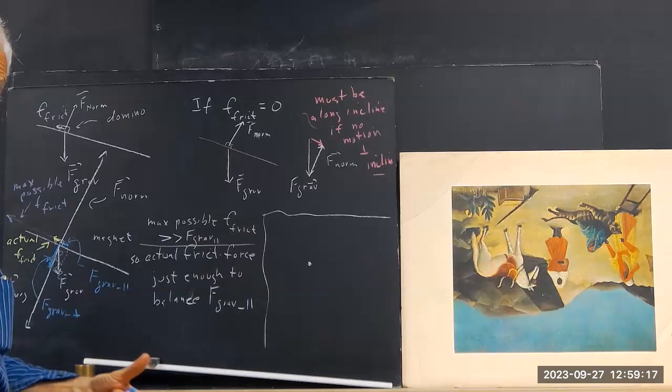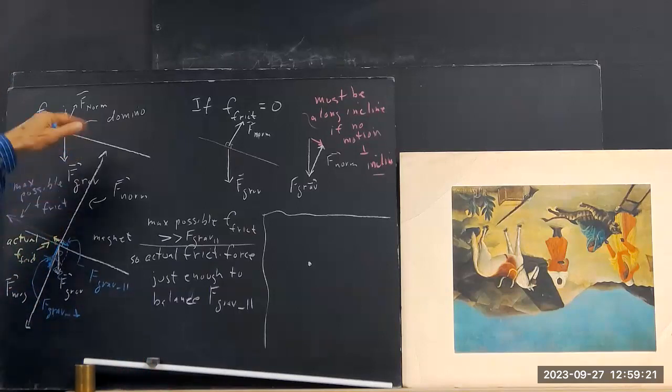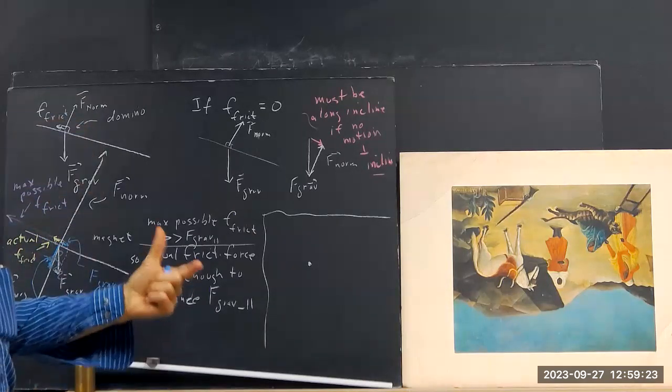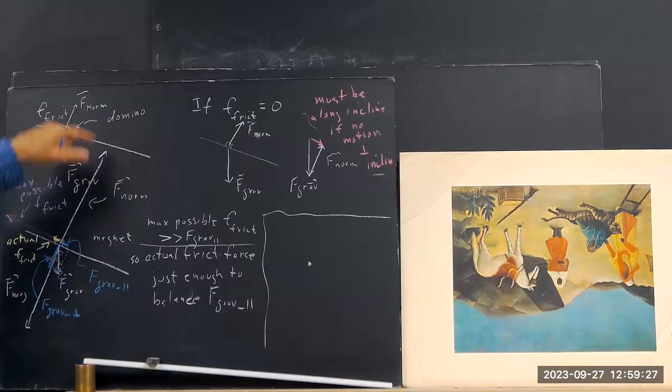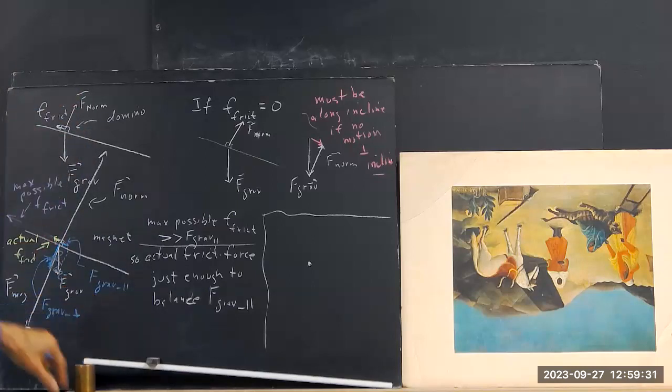The component perpendicular to the incline is balanced by at least some of the normal force. Sometimes it's all of the normal force. In this case, you have a lot more normal force than just enough to balance gravity, because you've got this extra force of the magnet.